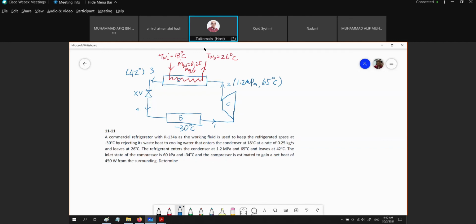The inlet state of the compressor is 60 kPa and minus 34 degrees C. So the inlet of this compressor is at 60 kPa, which is vacuum.